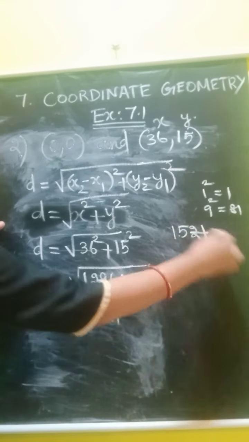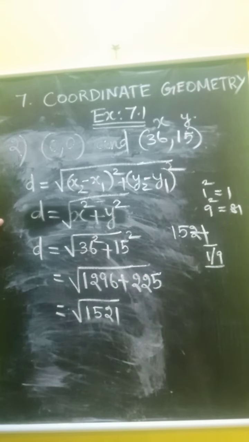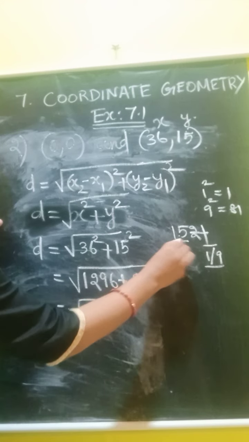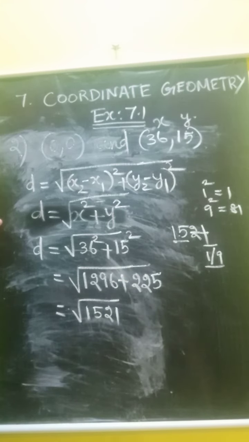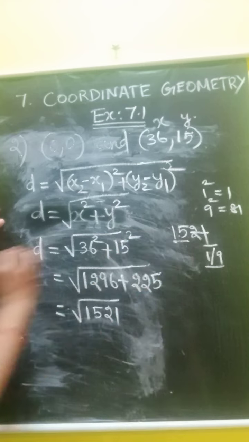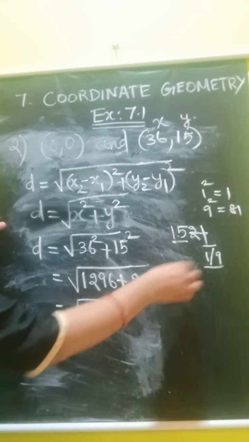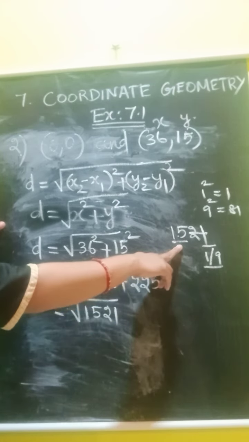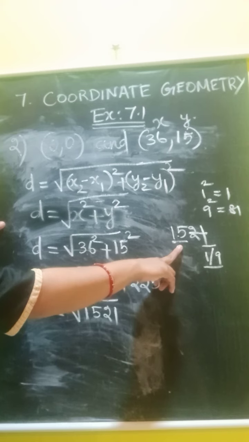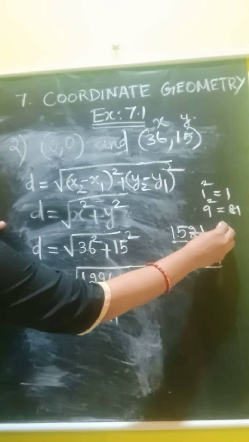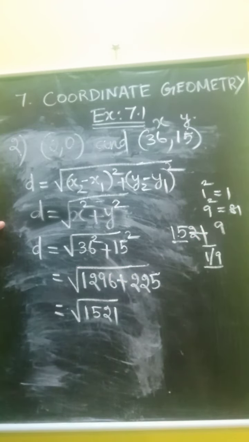Cross out the last two digits. Now see, what are the first two digits? 15. Okay, we have to look for the number which is less than 15 and close to 15 also, and that too it should be a perfect square. So what are the perfect squares below 15 and close to 15 also? 9. 9 is a perfect square.